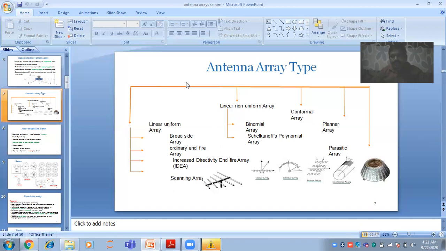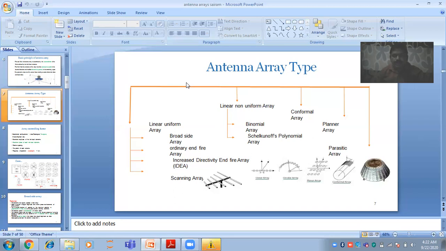That means, what is called two-element array? If an antenna array is containing two antenna elements, that means it is containing two antennas only, that is called two-element array. Similarly, we will be having three-element array, four-element array, and so on up to n-element array also.